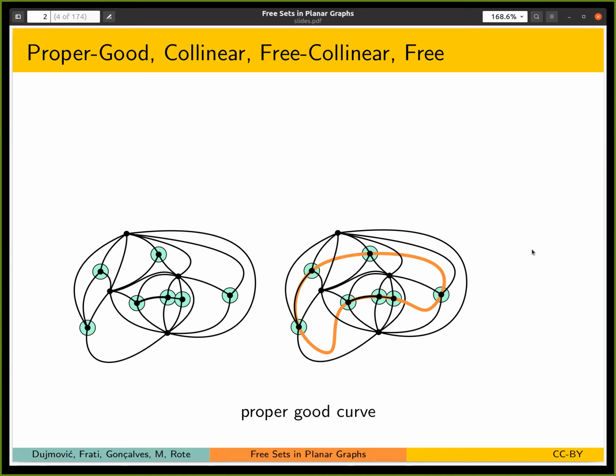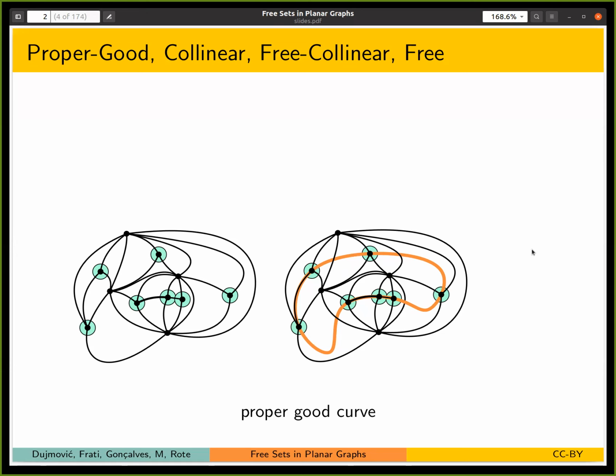It should contain the vertices in this set, and it should intersect each edge either not at all, it should contain the whole edge, or it should intersect the edge in exactly one point. Then that thing is called a proper good curve, and it contains this set of vertices. Okay, so there are sometimes sets of vertices in an embedded planar graph that you can catch this way with a proper good curve.